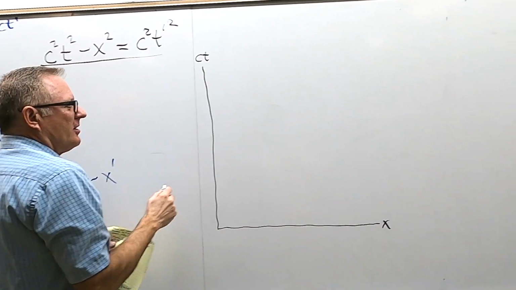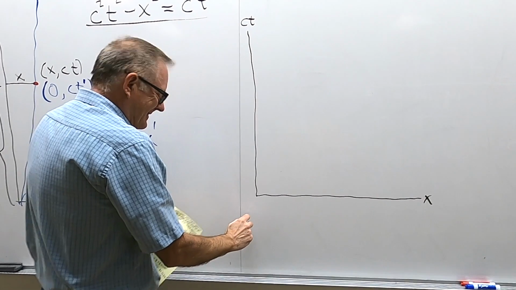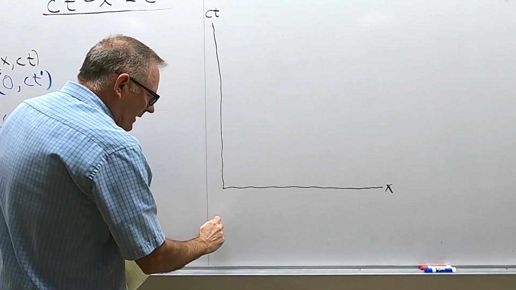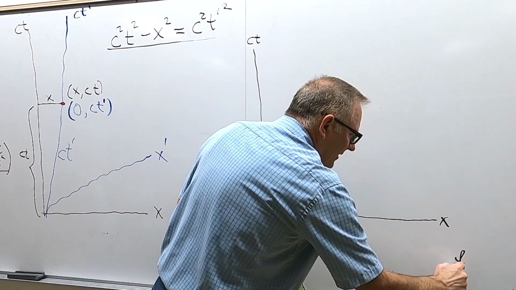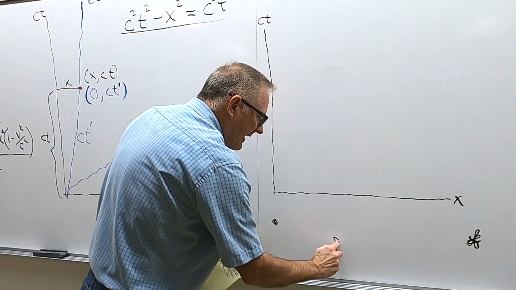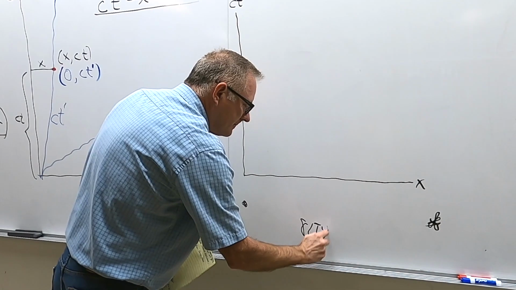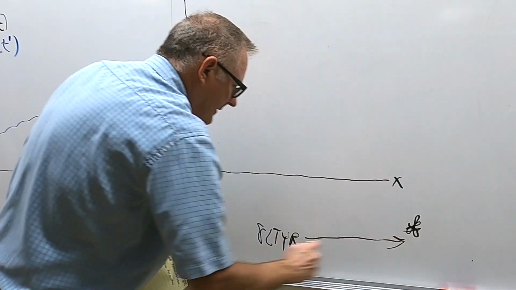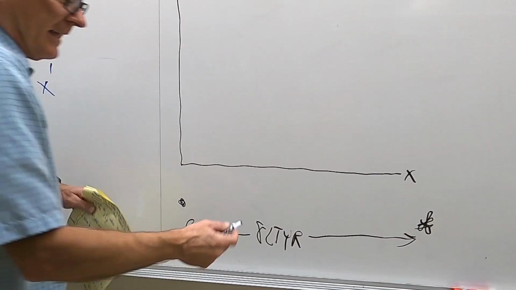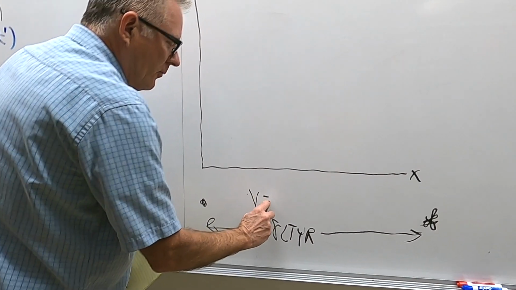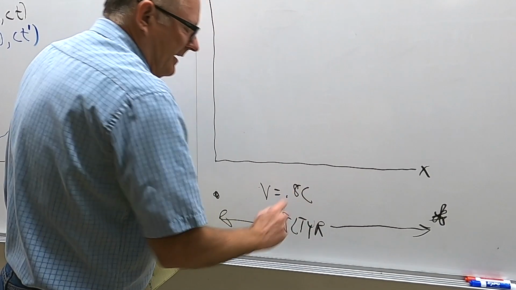Mary's going to go to a star, let's say 8 light years away. So here she is, and she's going to go out to this star, 8 light years out to there. And she's going to go at a nice constant speed. We'll make the math easy. Her velocity will be 0.8 c.